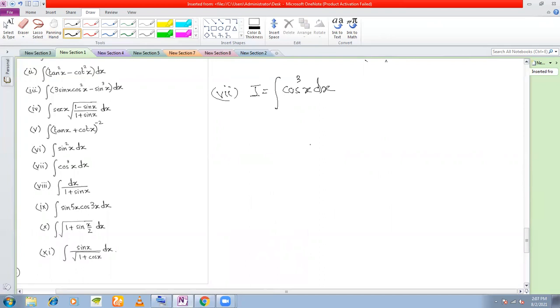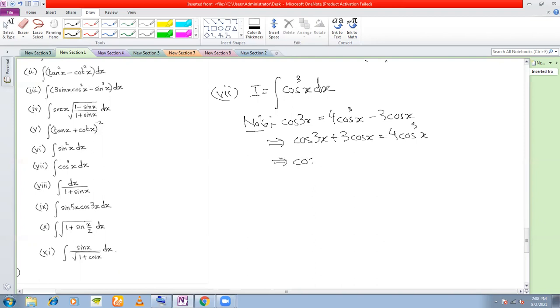If you remember, what is the triple angle formula for cos 3x? Cos 3x, if you remember, was 4 cos cube x minus 3 cos x, right? From here, what can you get? You can get cos 3x plus 3 cos x is equal to 4 cos cube x.